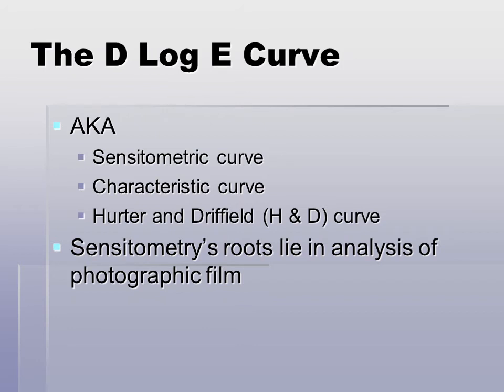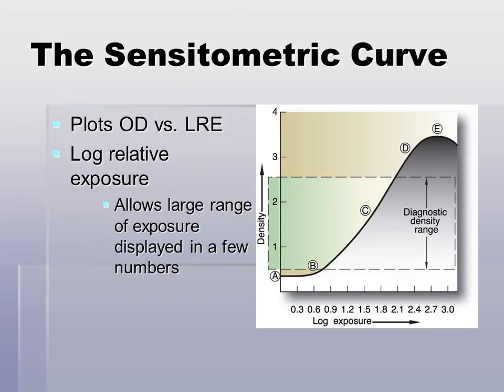All represent the D log E curve, so those are all known as the same. Sensitometry's roots lie in analysis of photographic film, which started in the 1860s. The sensitometric curve plots optical density versus LRE, the log relative exposure, and allows a large range of exposure to be displayed in a few numbers.